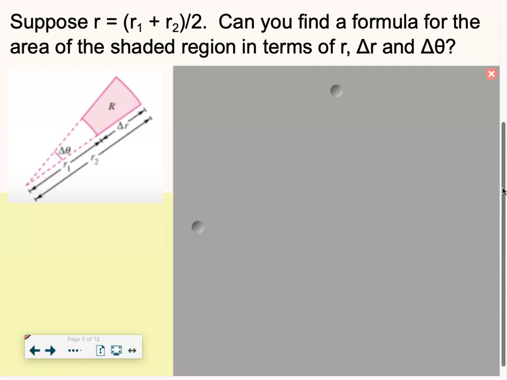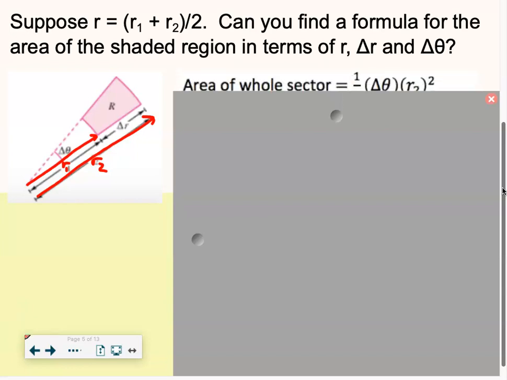From here to here, that's r sub 1. And then from here all the way to here, that's r sub 2. So r is some average radius in between. Can we use that concept to find a formula for the area of the shaded region in terms of r, delta r, and delta theta? All right, and again, you don't have to write this down.